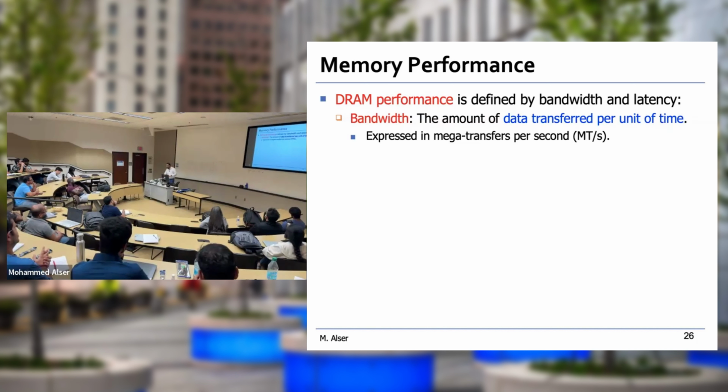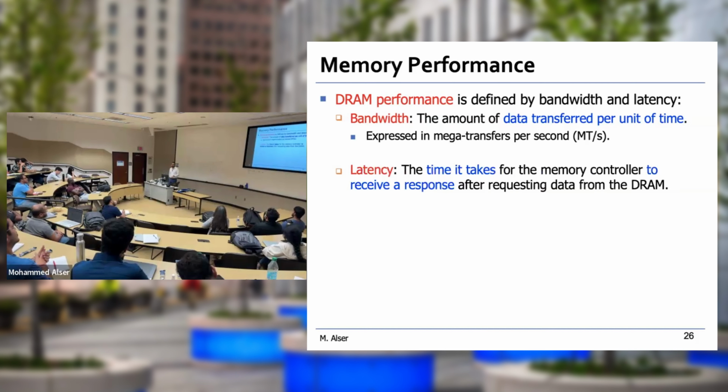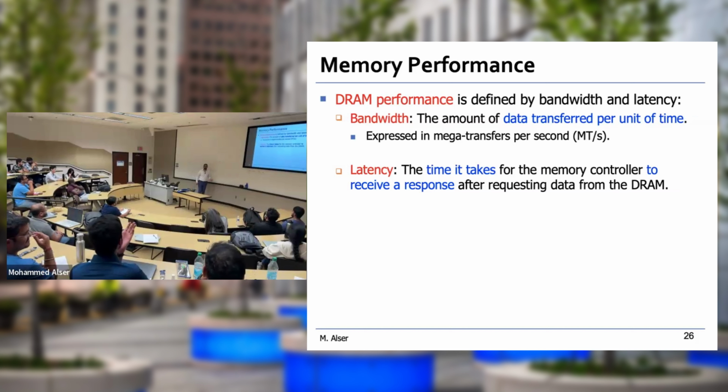And normally we measure it in mega transfers per second. Now, what is latency? So for bandwidth, we could send like 64 bits every once in a while, for example, right? That is bandwidth. But now the latency itself, how do we make things faster?